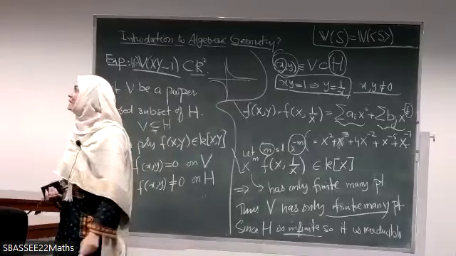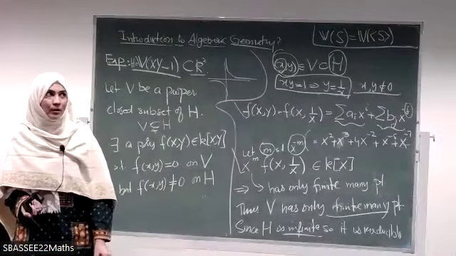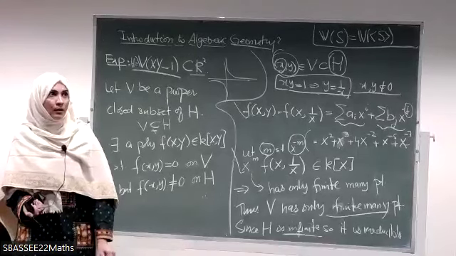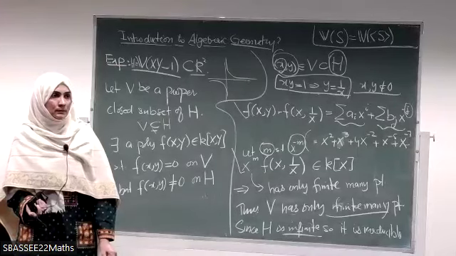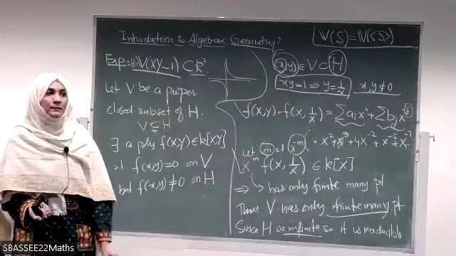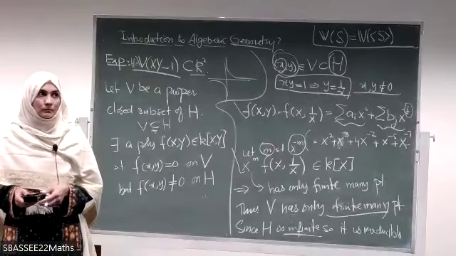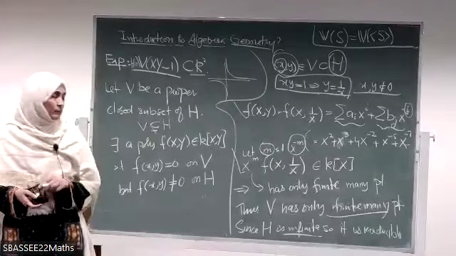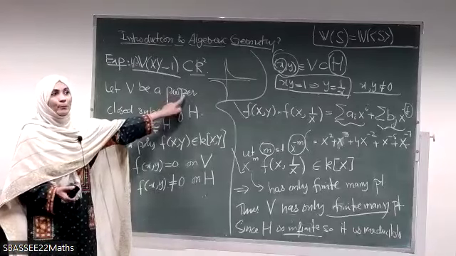Excuse me, Shaheen. Yes, please. May I ask a question? Yes, sure. There is something strange here. You showed that every closed subset of H has finitely many points. But H as a closed subset of itself has finitely many points, right?